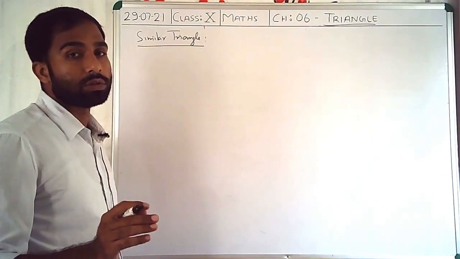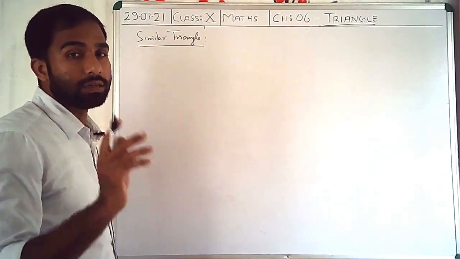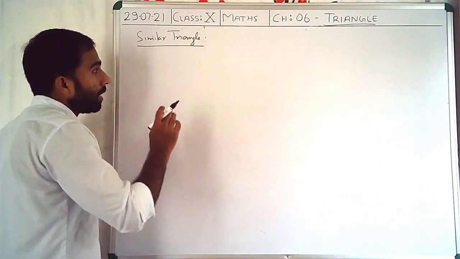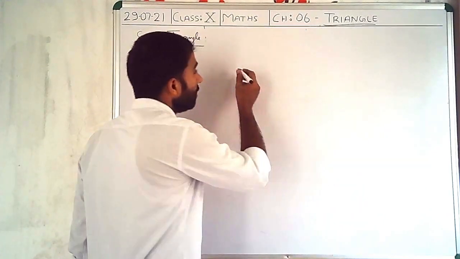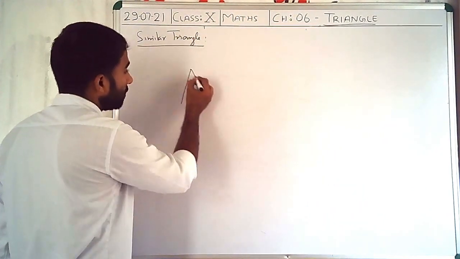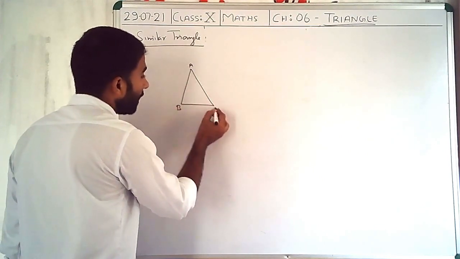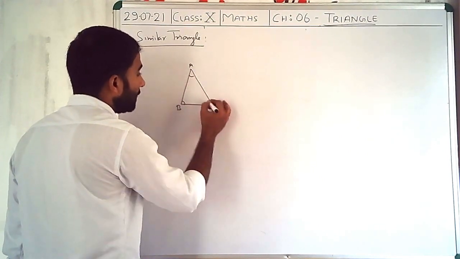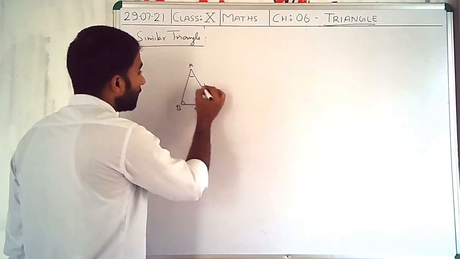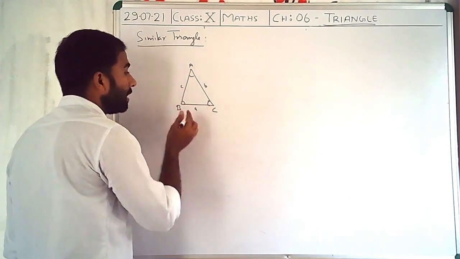As you know, in any triangle there are 9 parts. Okay, what are the parts? Vertices, angles and sides.